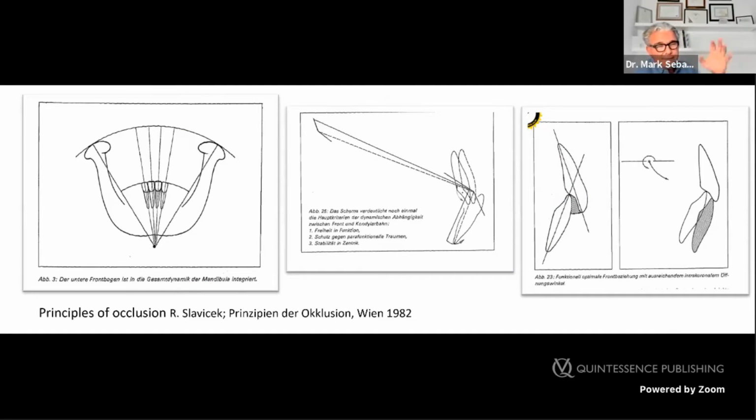In Germany, Slavicek is very famous, and I did the master course with him. He shows us that we have to think about the front teeth also in the direction of the joint. The joint and the front teeth are directly connected, and if the positions of the front teeth are wrong, if we have too much pressure on the front teeth, it also has some effect on the temporomandibular joint.